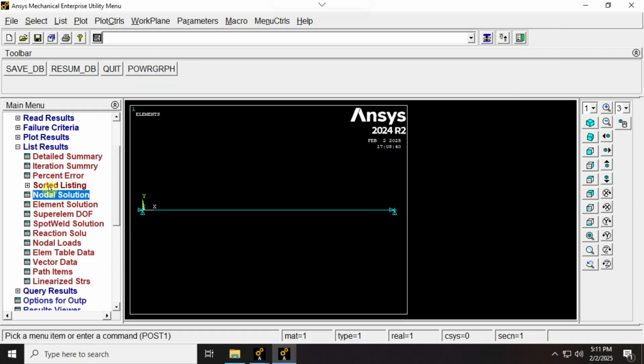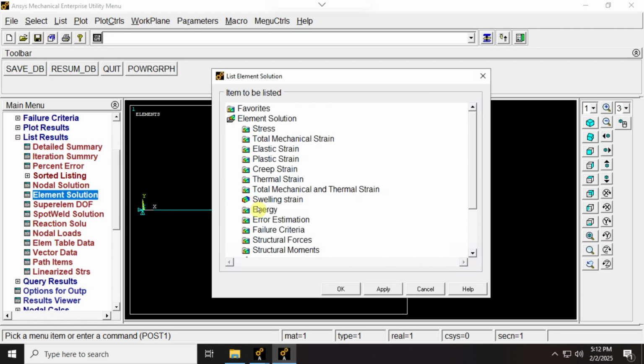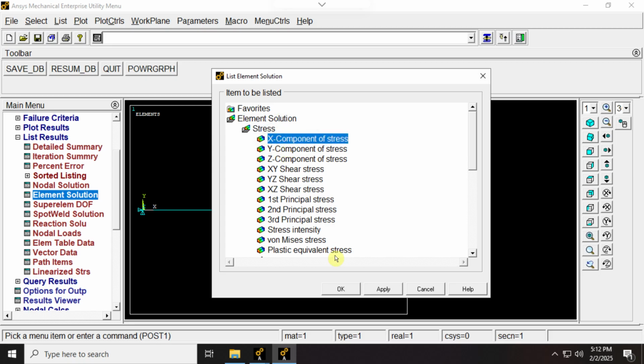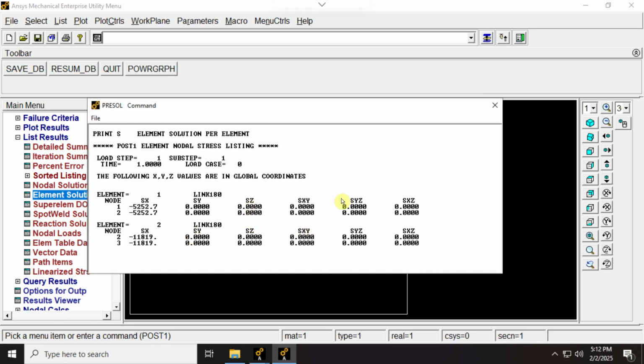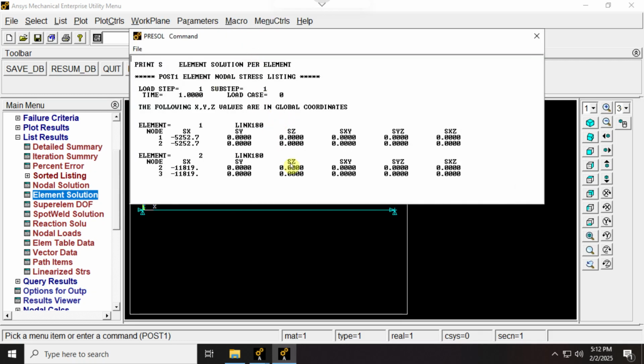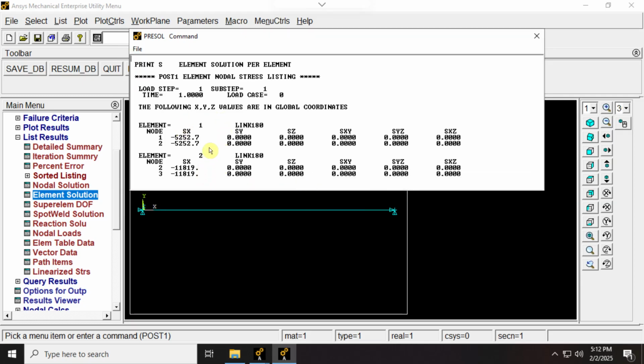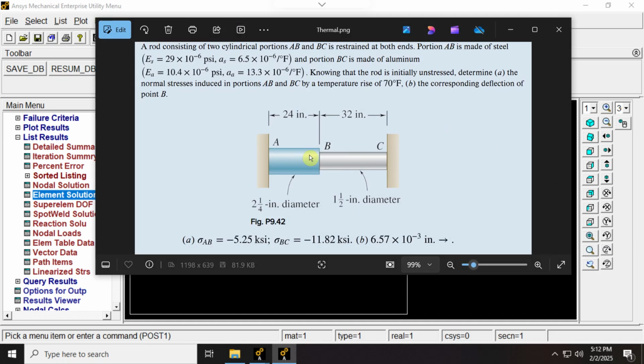Next, I would like to show you the stresses. We can see them under element. Sorry about that. The stresses under element, the stresses in each element: you see that for element 1, we have a stress of negative 5252, so it's going to be 5.25 KSI, which is right.